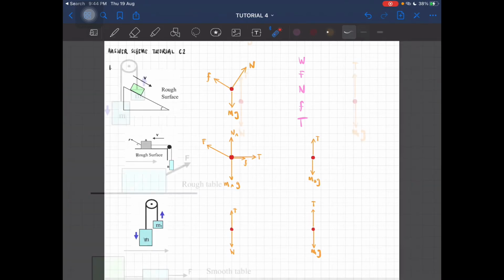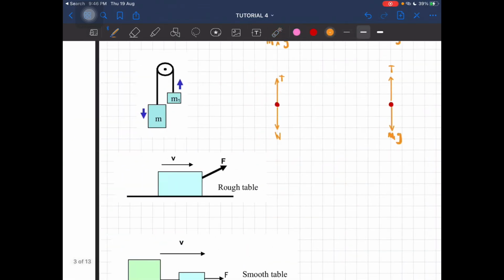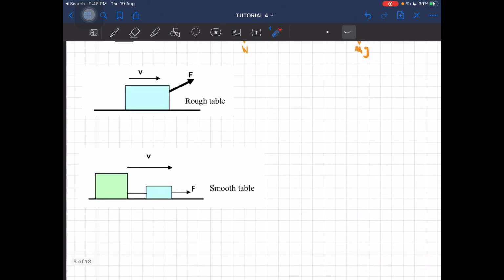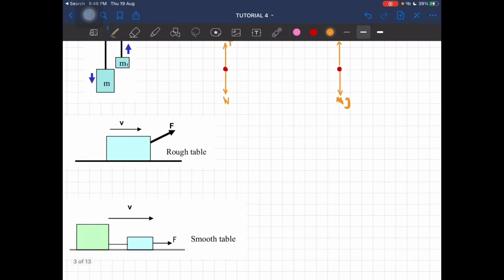Now question 2 is also asking us to draw the free body diagram. We have a block on a rough table. We draw a dot to represent the system. The forces are the weight, and the external force here.